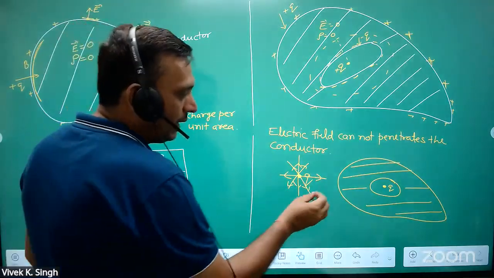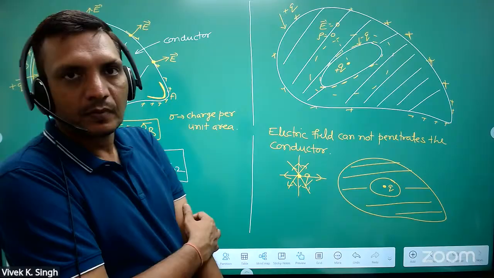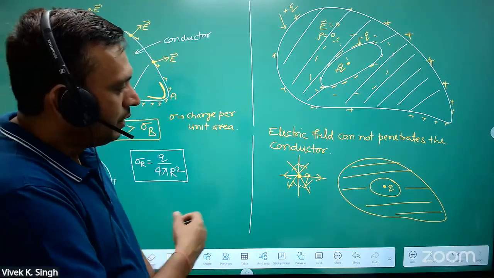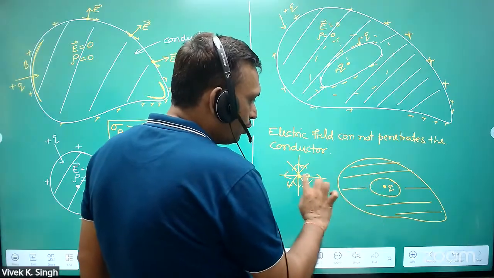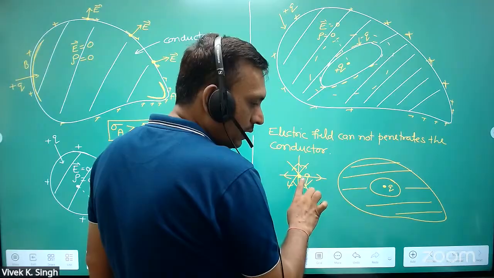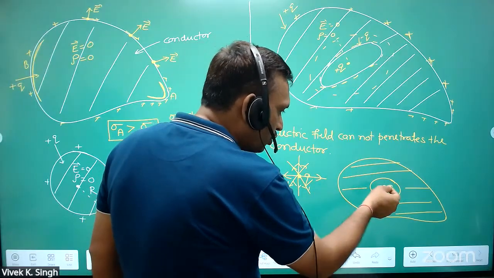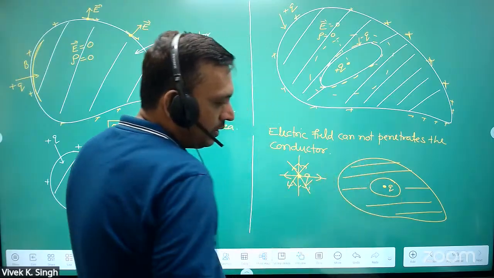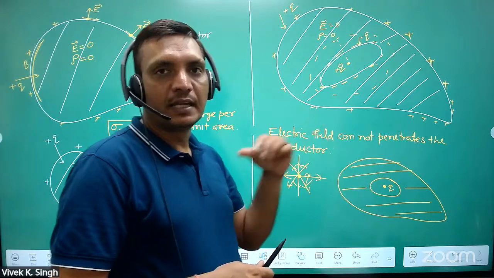So the inside electric field will always be 0. So there will be no force between these two charges. In that sense, electric field cannot penetrate conductors.